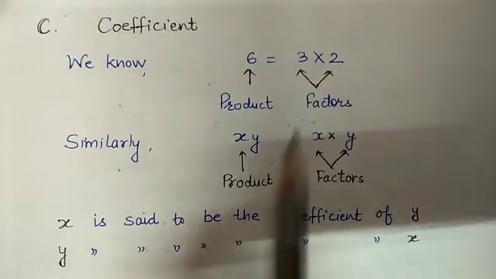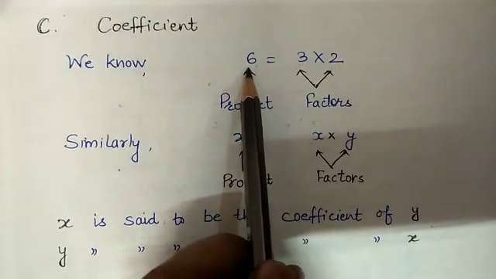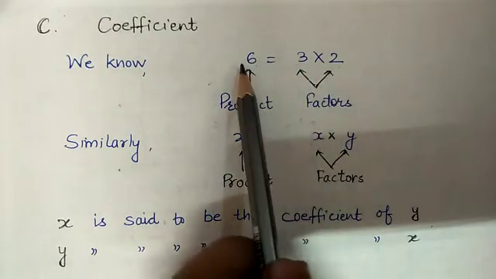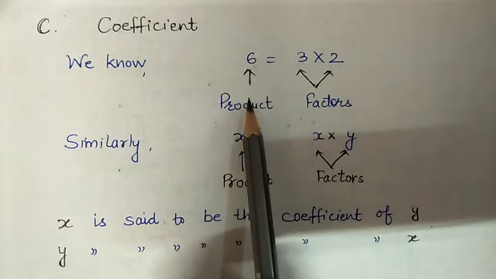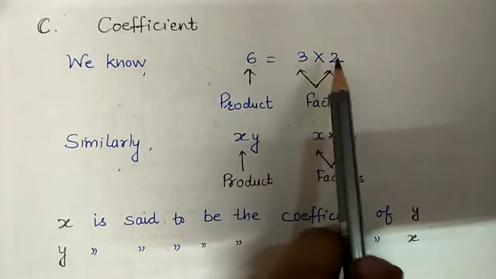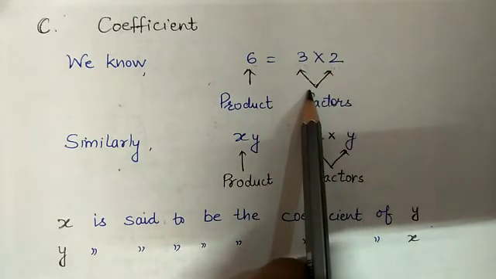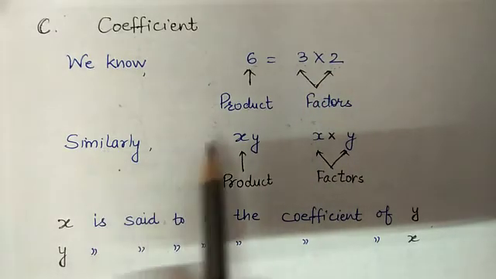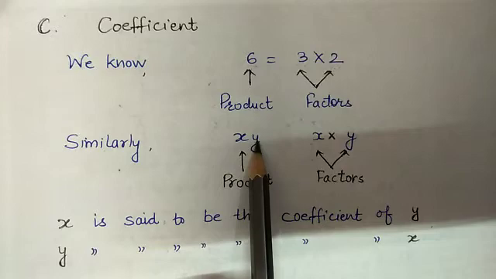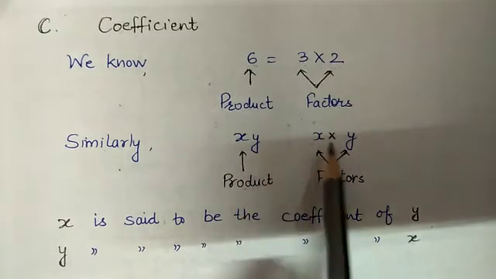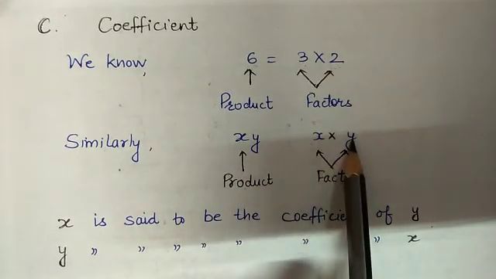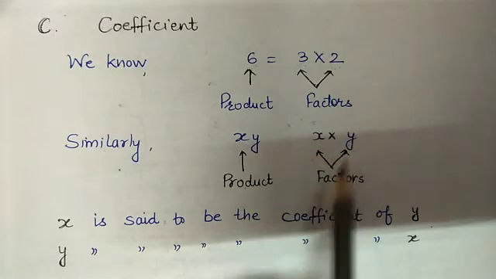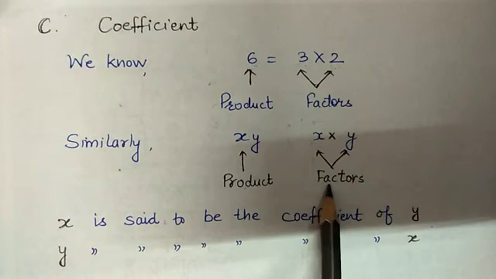Now look here, we all know that 6 is equal to 3 multiplied by 2. Here 6 is the product. 3 and 2 are factors of 6. Similarly, xy is the product. x multiply y, if I am writing, it means x and y are factors, right?